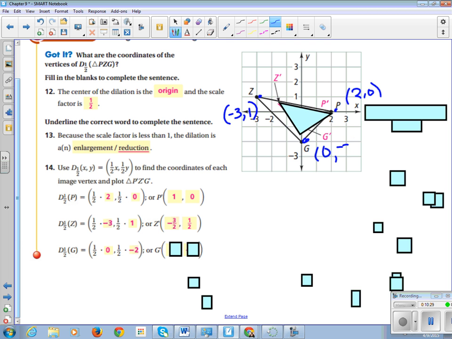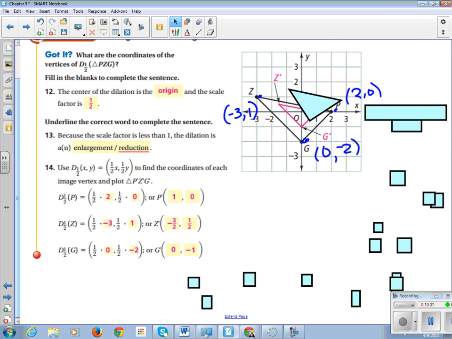And so half of 0 is 0, and half of -2 is -1. So your image, Z prime, P prime, and G prime, is going to look like this.